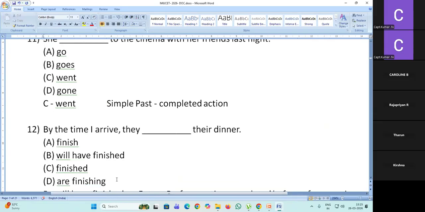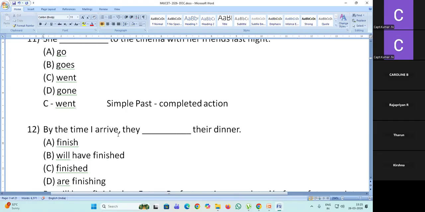By the time I arrived, they dash their dinner. Here, it is not arrived, it is not past tense. It is given, by the time I arrive.